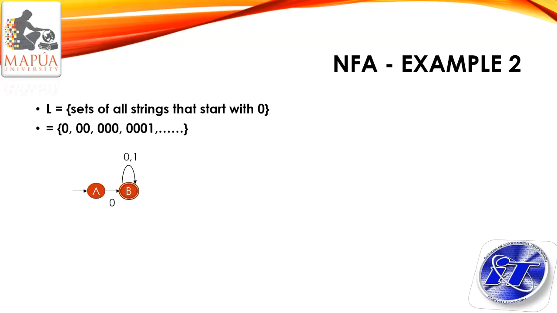So this will be our automaton that represents this language. Let's check if this automaton is correct. Let's have this example, 001. The first symbol will be accepted by A, and since this is 0, we have a path wherein it will go to B. For the second symbol, we have 0.